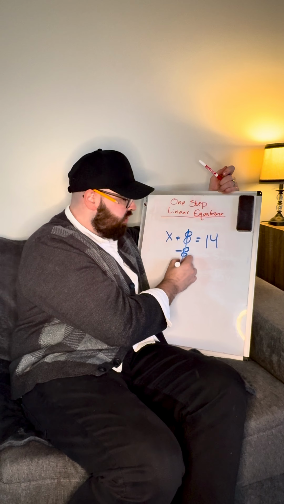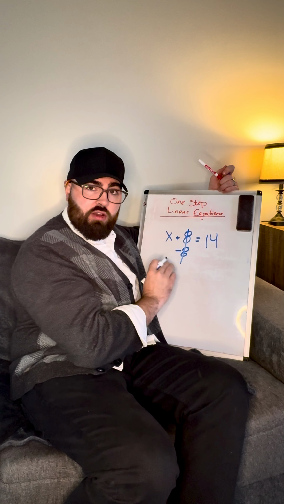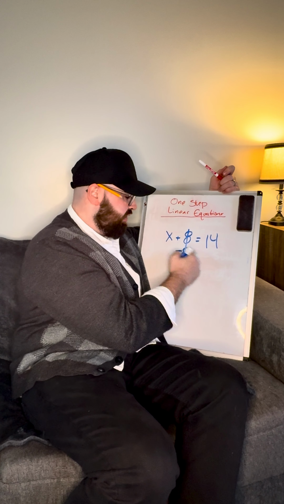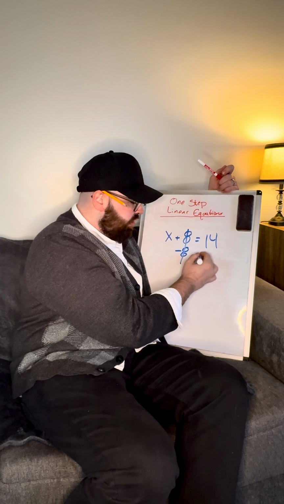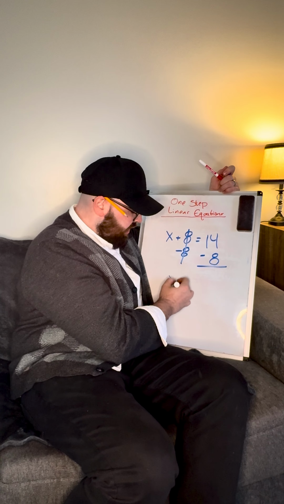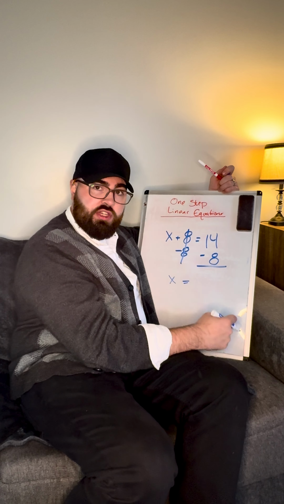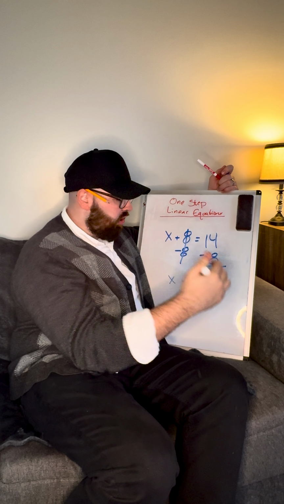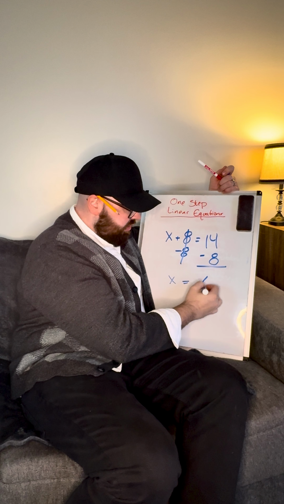Those cancel out, and I always do the same thing on the opposite side of the equal symbol. Since I subtracted 8 here, I go over here and subtract 8. So x equals 14, 13, 12, 11, 10, 9, 8, 7, 6. I say the answer is 6.